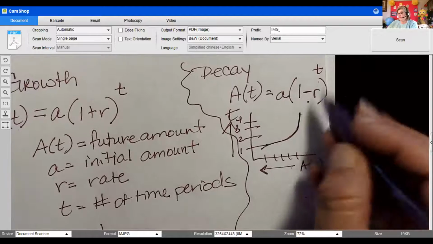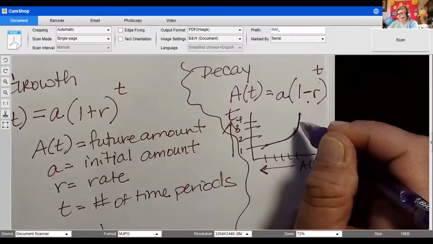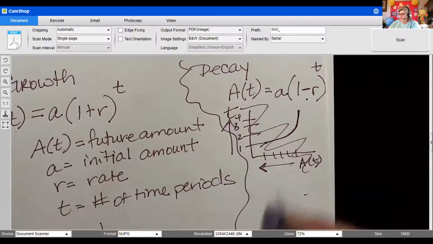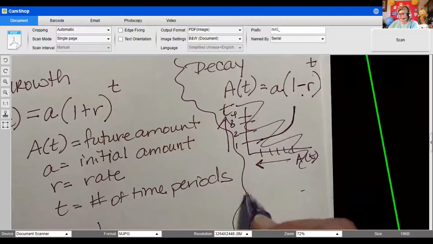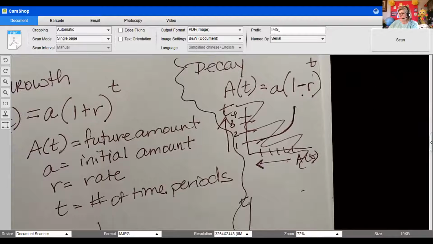Your decline is going to look, well, I just drew that absolutely backwards. Scratch that out. I was still on my growth brain. So time, A of t, 1, 2, 3, 4, 1, 2, 3, 4.